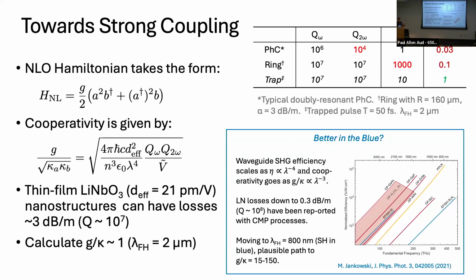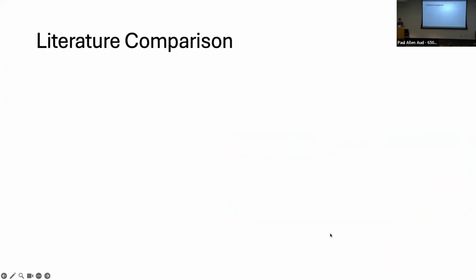Lithium niobate is still transparent at 800 and 400, and there are groups that have demonstrated low loss at 400, 500, 600 nanometers, so there might be a plausible path to achieving things that really are strong coupling with this approach.